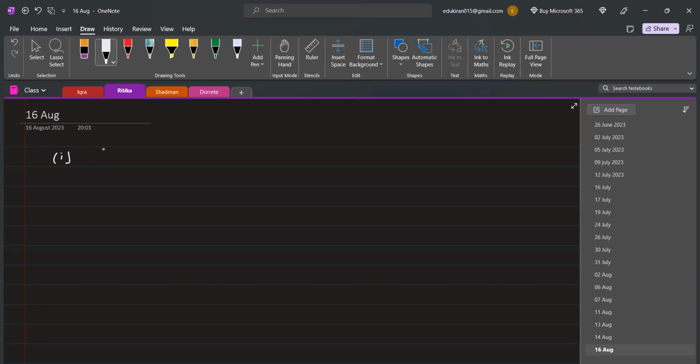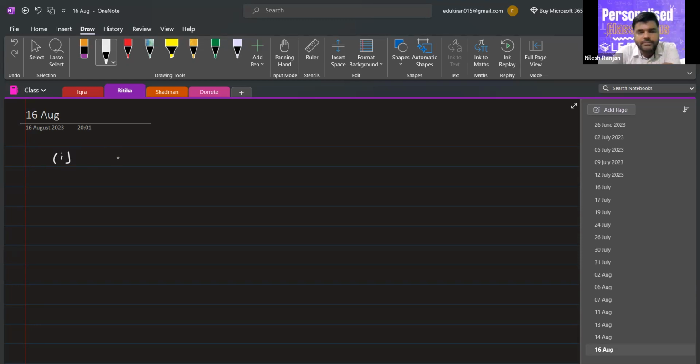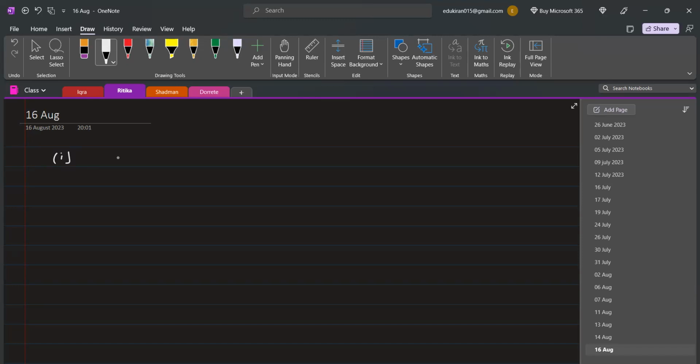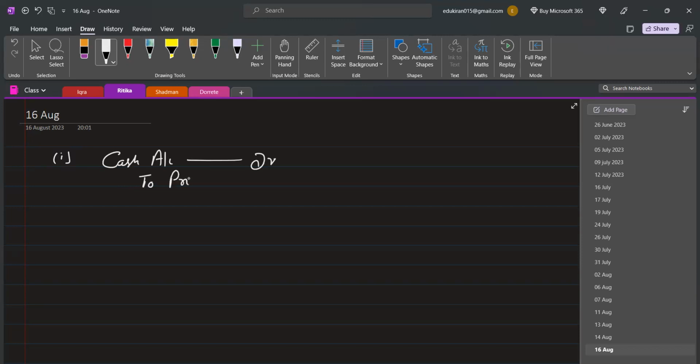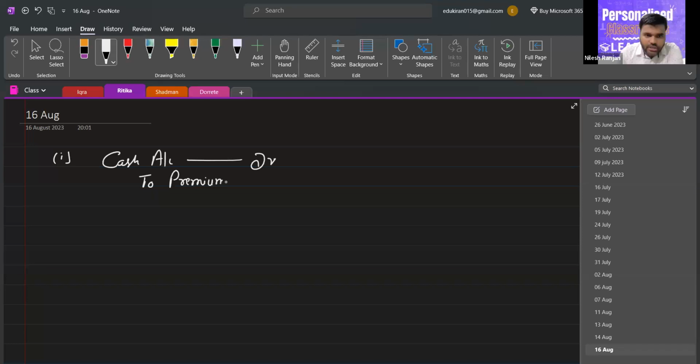Here there is nothing mentioned about capital. Okay, leave the capital then. So will it be cash account debit to premium for goodwill account? Okay, cash account debit to premium for goodwill account. You are seeing the screen that I am writing? Yes, sir.